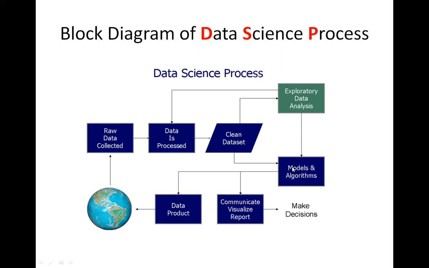After the modeling and the algorithm, what you can do is communicate the visualization report. So finally, decision making, and that can be the data product. Finally, you will get the data product. After taking the decisions on the particular data, we can make it into the appropriate expected output. That can be the data product. So this is the complete block diagram of the data science process.